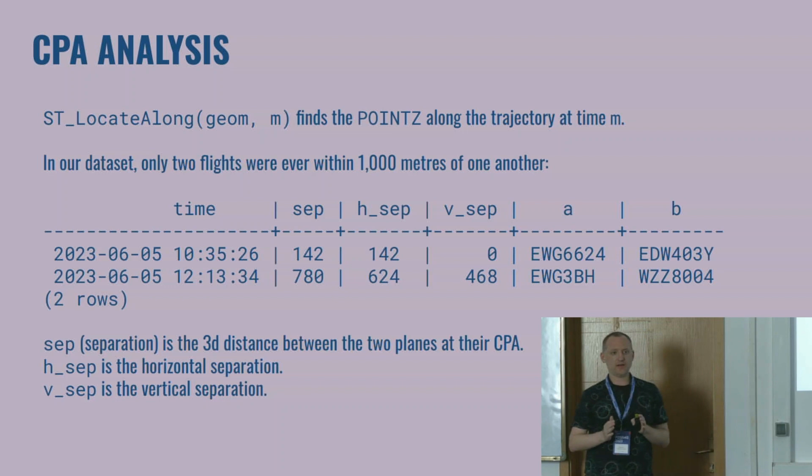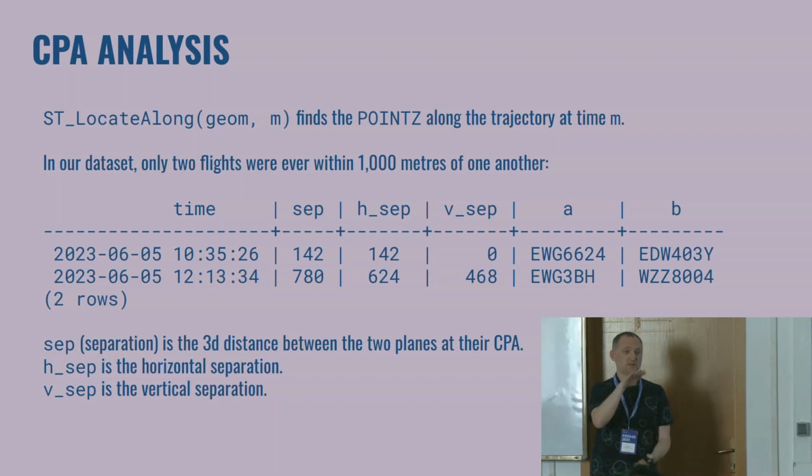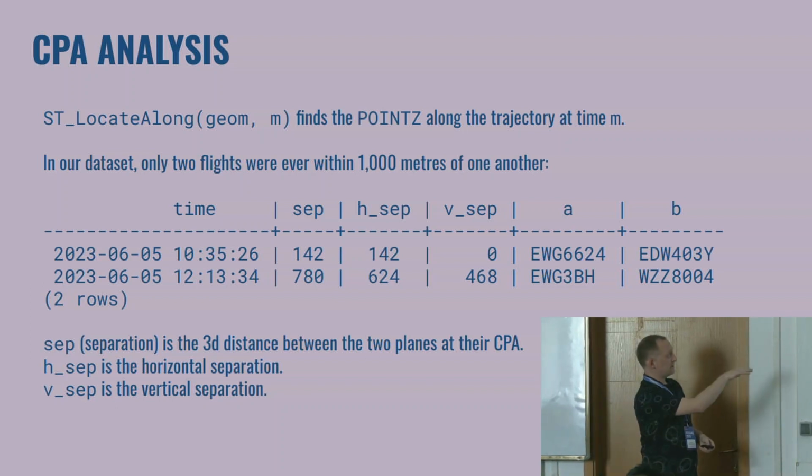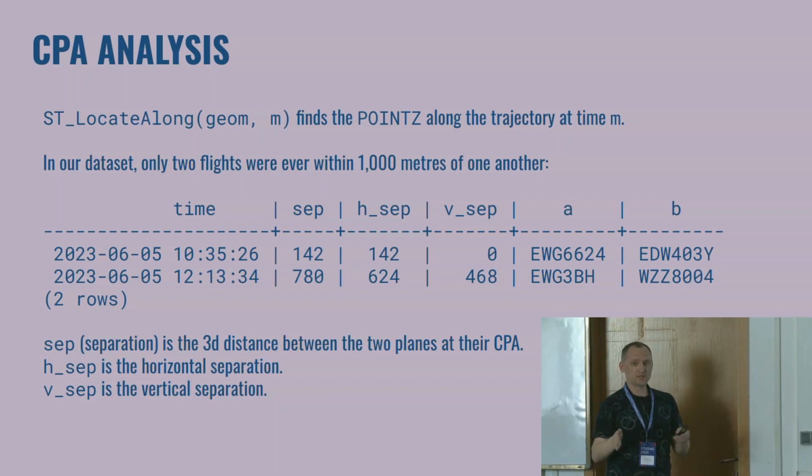Just taking an arbitrary number. And I found that there were 2 cases where there were aircraft within 1,000 meters of one another. And for the separation, I did a calculation: there's a vertical separation and there's a horizontal separation. And we can see that in the bottom row, they were 500 meters apart vertically, and in the horizontal, they were only 600 meters apart.